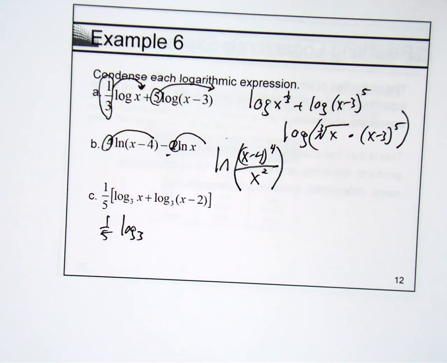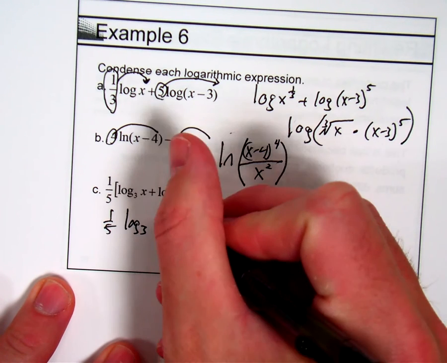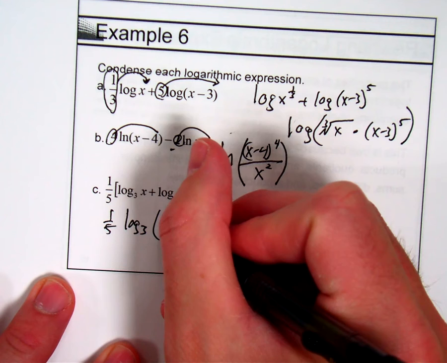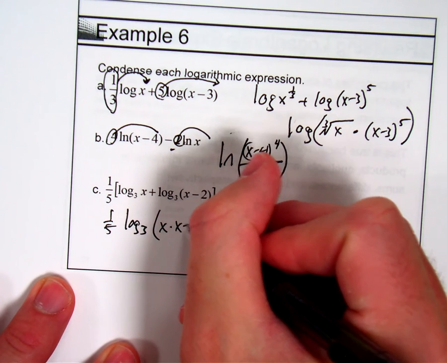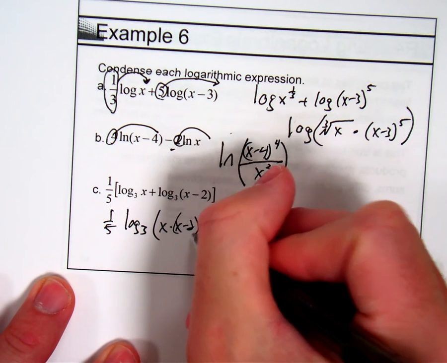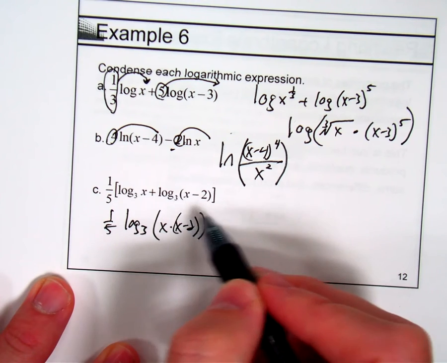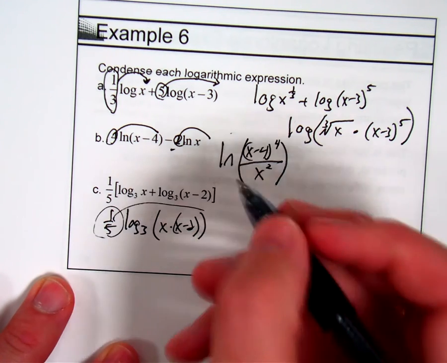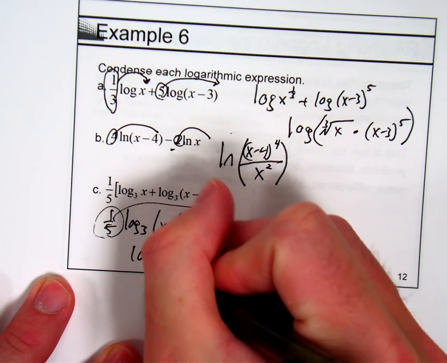Okay, we're going to put them together with multiplication. x times x minus 2. And then we're going to take that 1/5 up on top of everything.